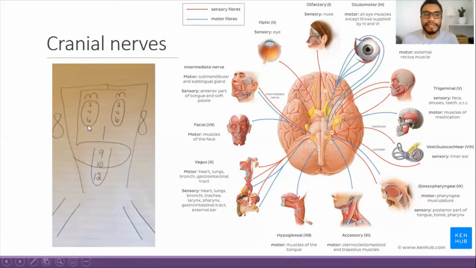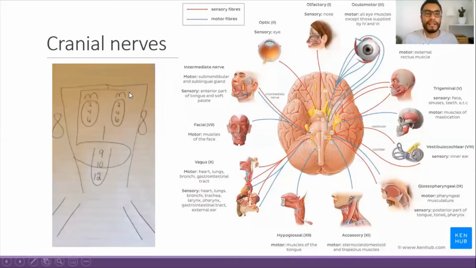Then we have number 6, which is abducens. The abducens nerve controls eye movement as well, and it's motor. It moves the eyes laterally, as the name says. Abducens is abduction of the eyes.